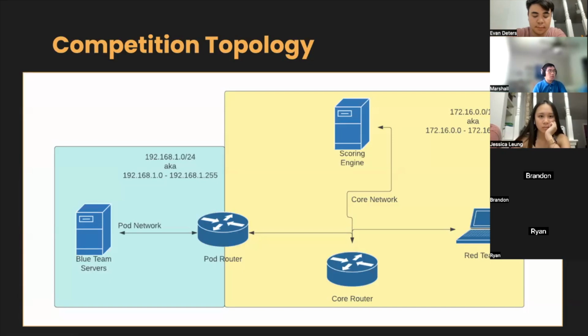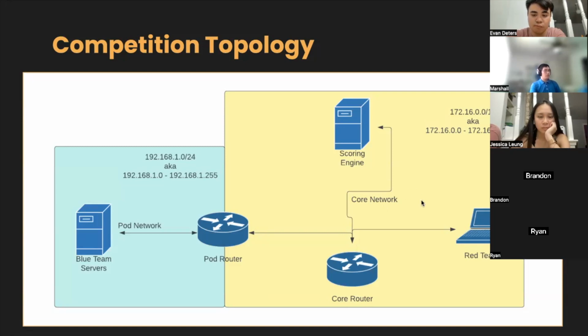This is where we will actually be trying to fix stuff, and it hosts the services that the core network on the right will attempt to access. And the core network consists of the scoring engine, the red team, the router that actually routes all the traffic, and of course, orange team, who are general users who are trying to access the services we host on our internal network.